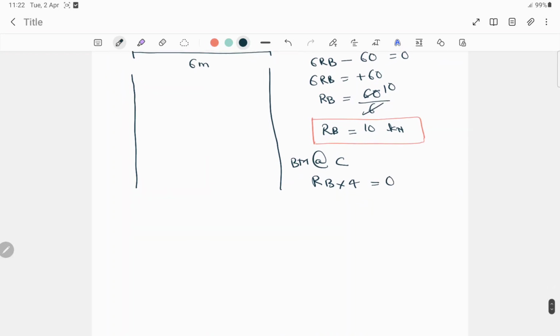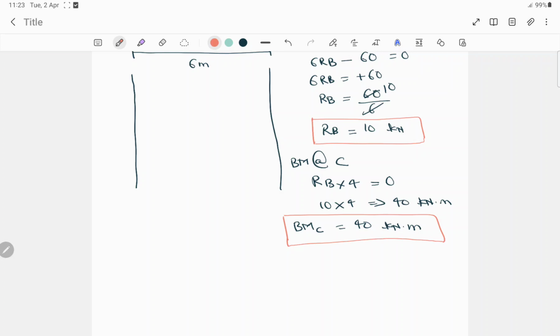What is the value of RB? RB is 10. 10 into 4 is equal to 40 kilonewton meter. So the bending moment at C is equal to 40 kilonewton meter. Now we have the value for the maximum bending moment, that is nothing but 40.